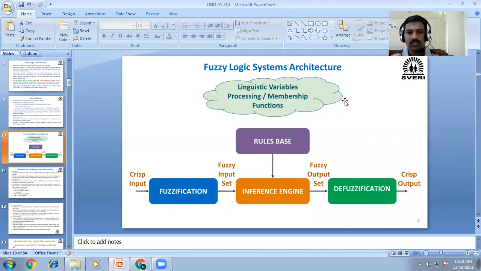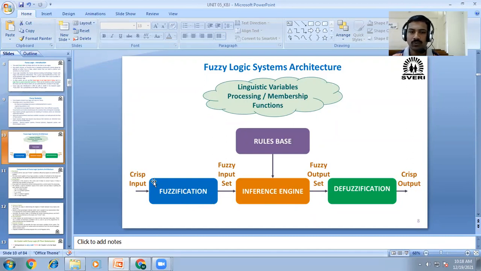Fuzzy logic consists of 3 parts. One is the fuzzification, another is the defuzzification, and the middle part is the inference engine, which is connected to the rule base. This inference engine helps to take decisions according to our inputs.